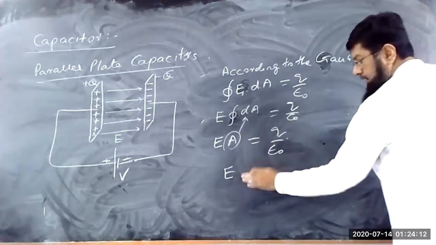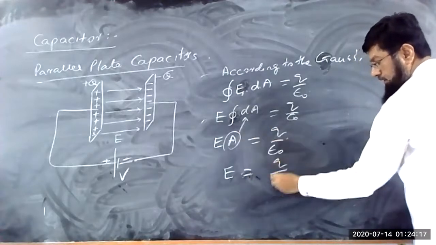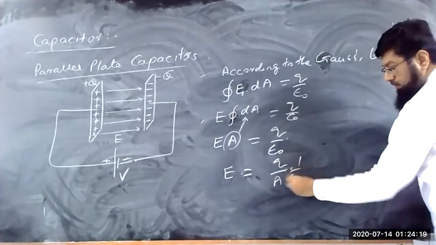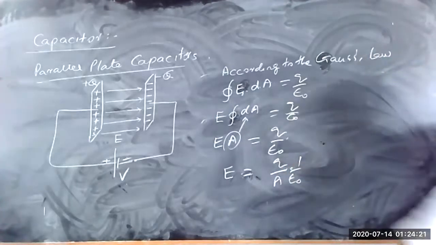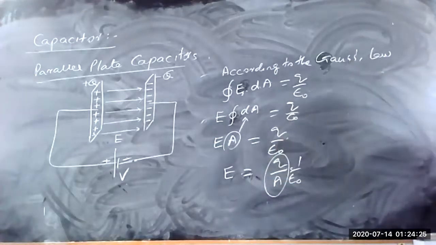So the electric field E is equal to Q upon A, with 1 upon epsilon naught. This is the charge per unit area. So this charge per unit area is known as the charge density.